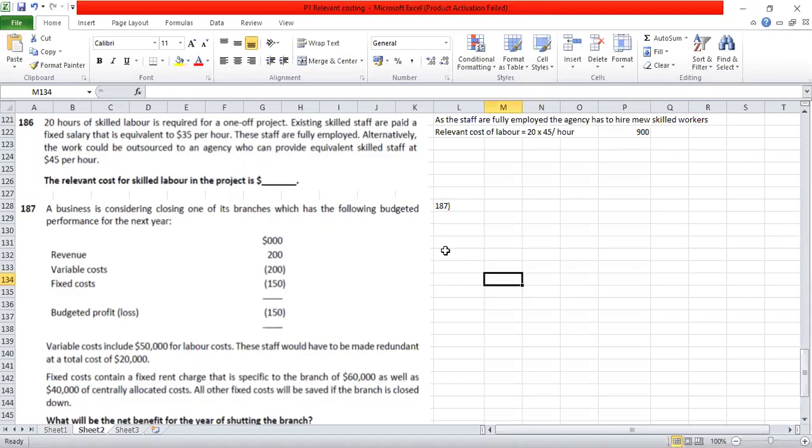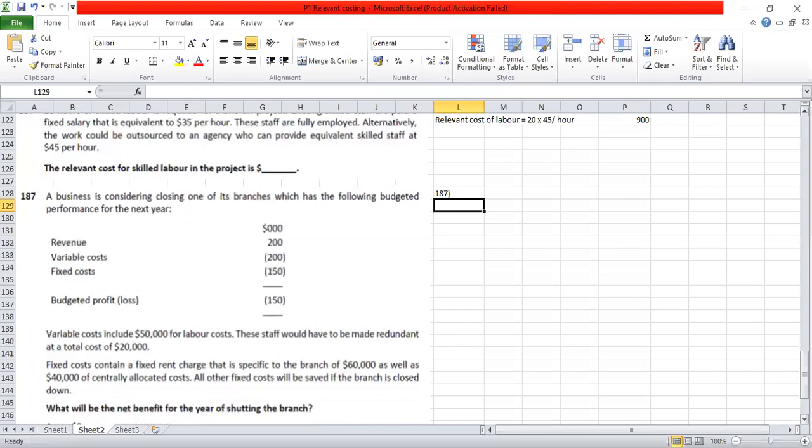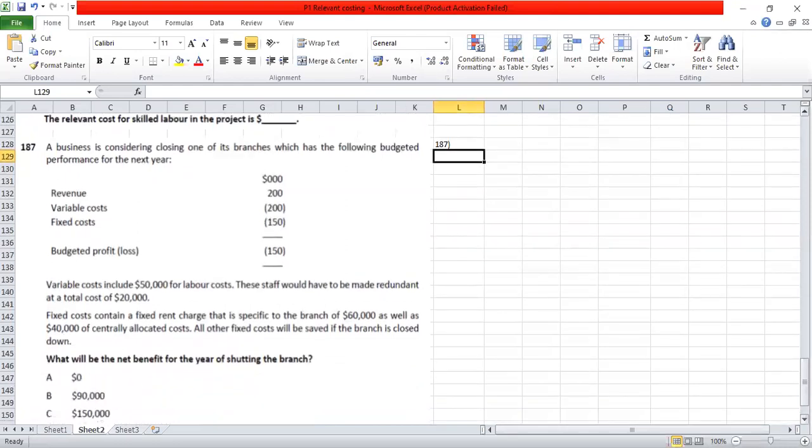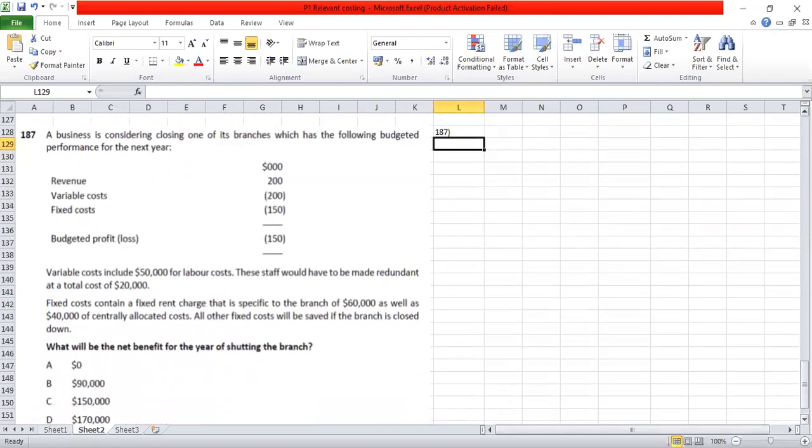Okay. Question number 187. Now there will be no disturbance. Question number 187 says, a business is considering closing one of its branches which has the following budgeted performance for the next year. We have revenue, variable cost, fixed cost, budgeted profit or loss is given. Variable costs include 50,000 for labor cost.